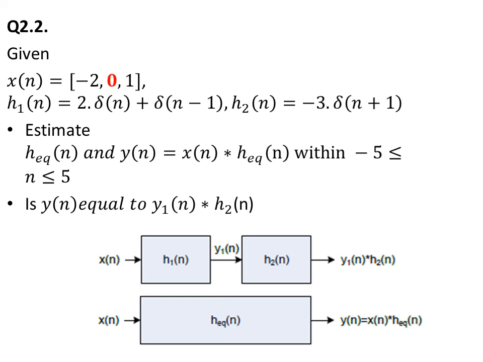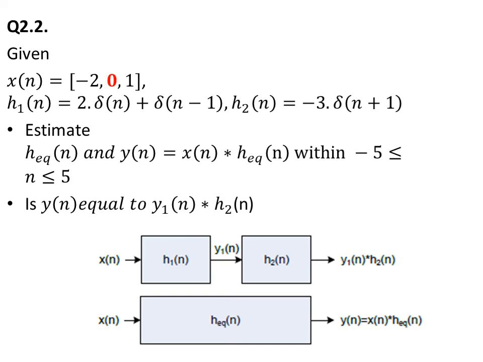The output will be Yn, which is equal to Xn convolution with HEQn, right? So in here what you have to do is check whether Y1n convolution H2n is equal to Yn, right? Since H1n and H2n are replaced by HEQn.